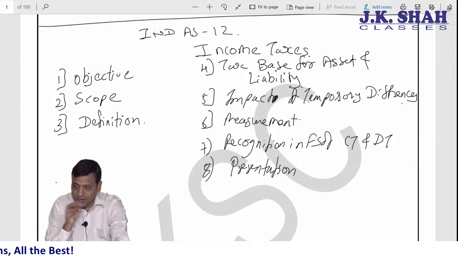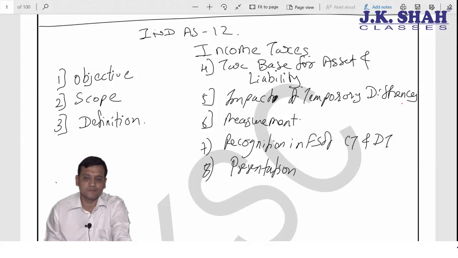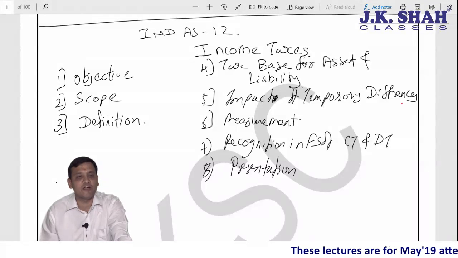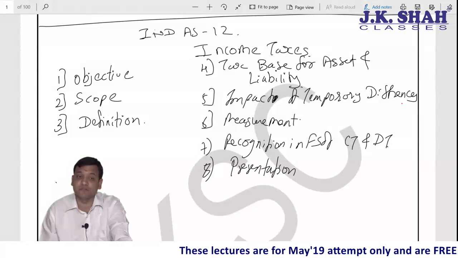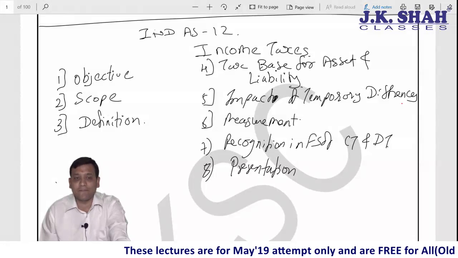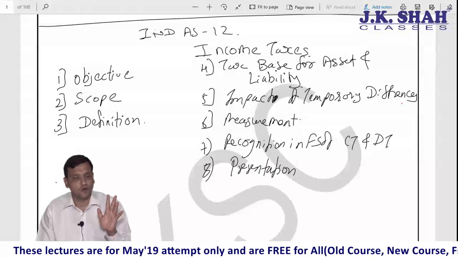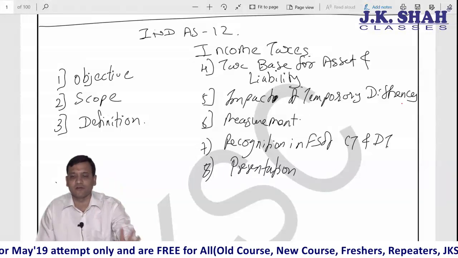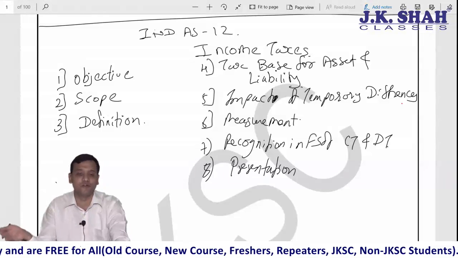But if you look over a period of time, you will find both of them give the same profit. Like, the depreciation charge as per the Income Tax Act is say 25%, and the depreciation charge as per accounts is 10%. In both cases, whether tax records or accounting records, the amount of depreciation debited to our profit and loss account will always be the same, of course over a period of time.